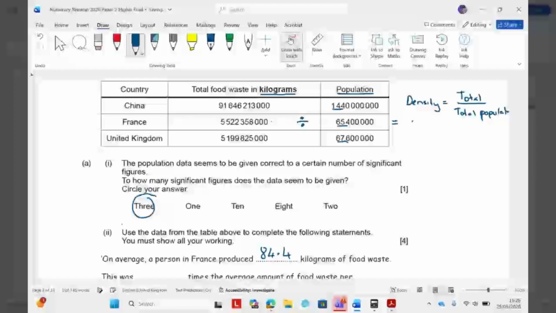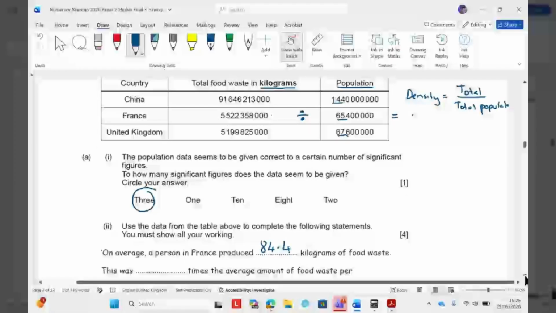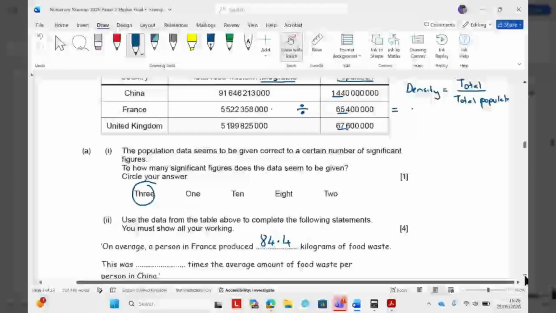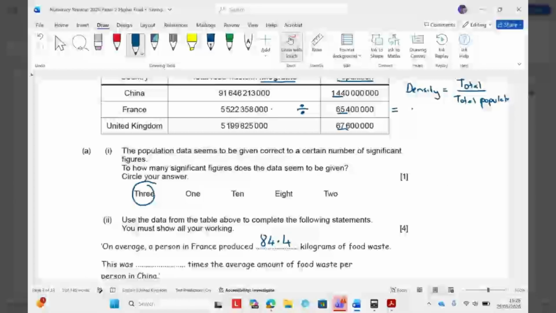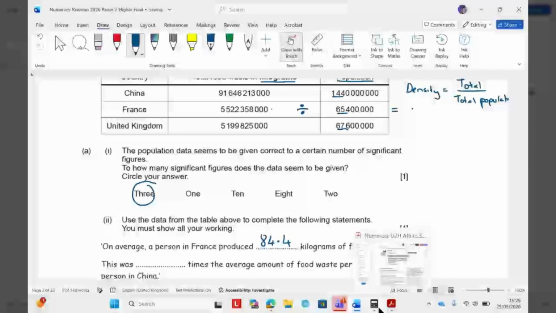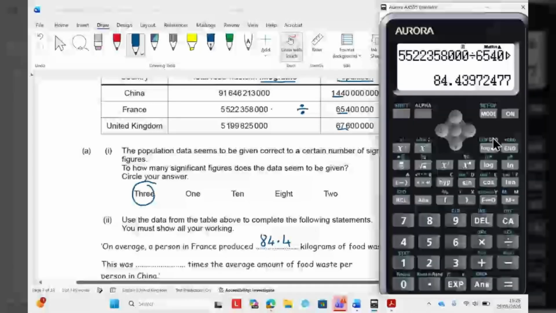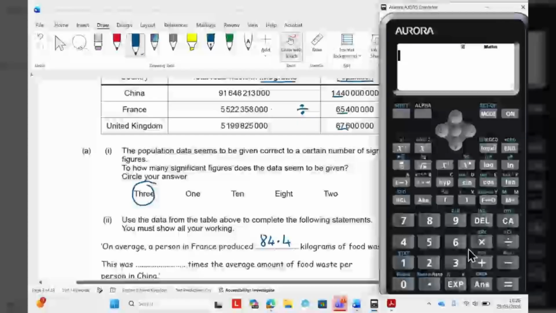Okay, this was how many times the average in China. So let's do China next. They quite like this: how many times more is it than that? So let's have a look at China next. How much did they waste per person? Well, they wasted 21,646,213,000 of waste, but they've got a lot more people.